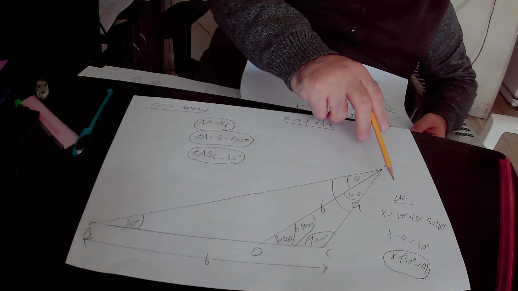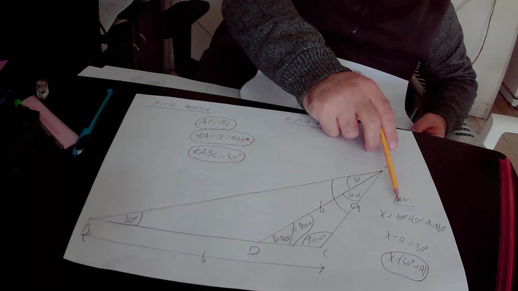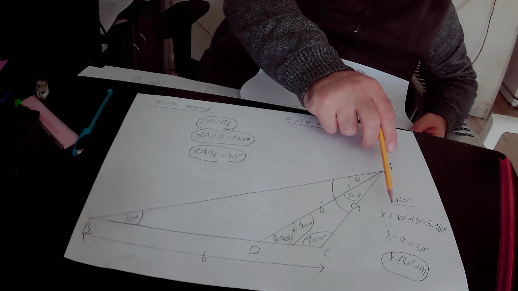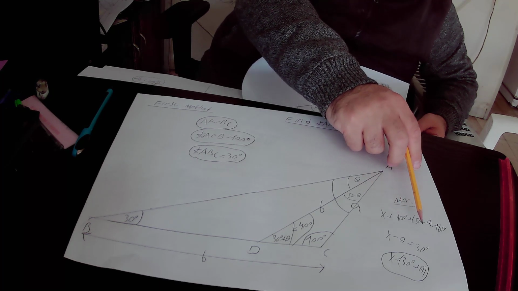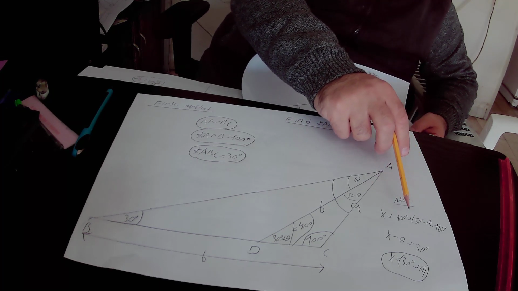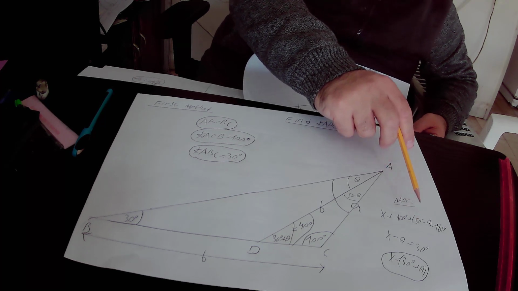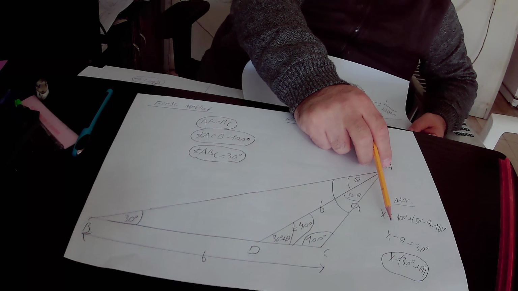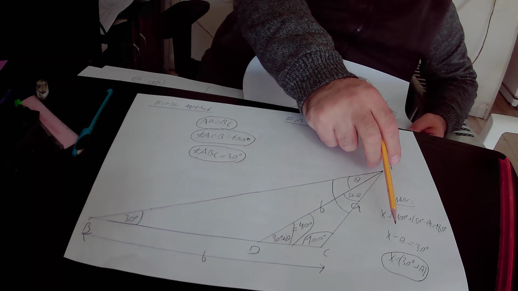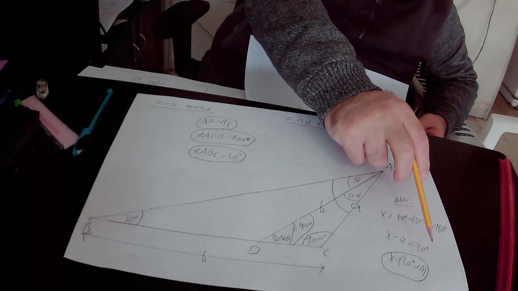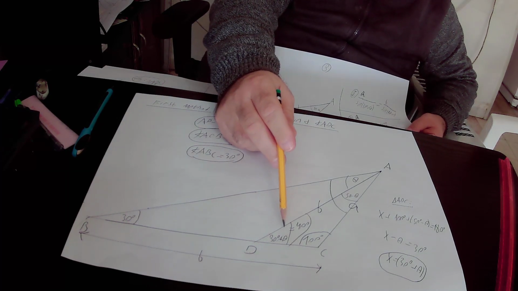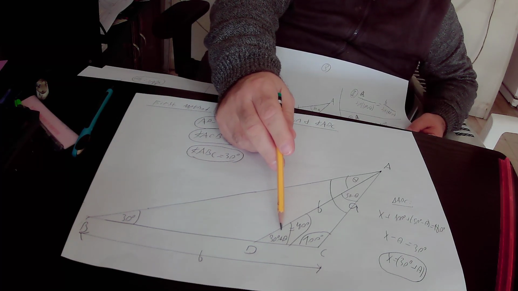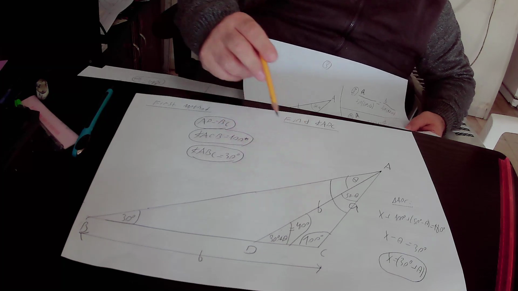Here we subtracted 150 degrees from this equation, and we got that X minus theta equals 30 degrees, because 180 degrees minus 150 degrees is 30 degrees. Here we added theta to this equation, and we found out that angle X equals 30 degrees plus theta. So we found out that this angle equals 30 degrees plus theta.